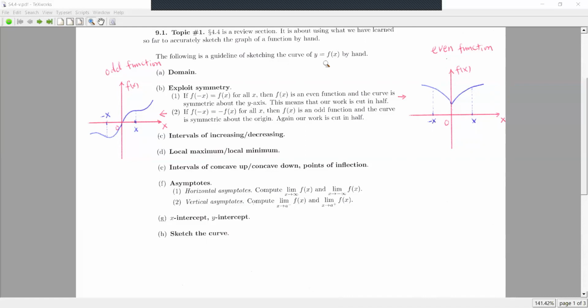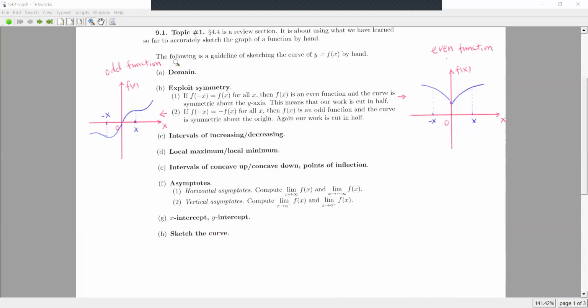Solve this equation for x. Then the x is the x-intercept. To find y-intercept, set x to 0. That is, compute the function value at 0. Then the function value at 0 is the y-intercept.